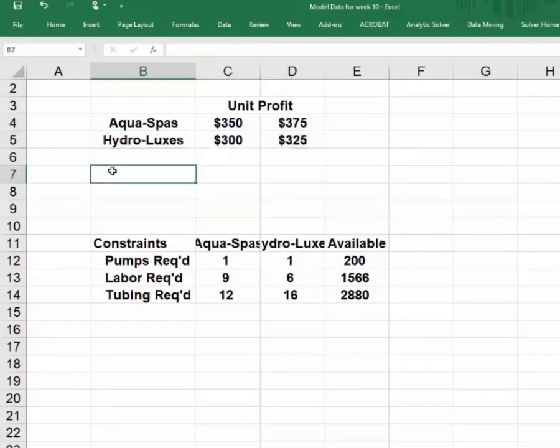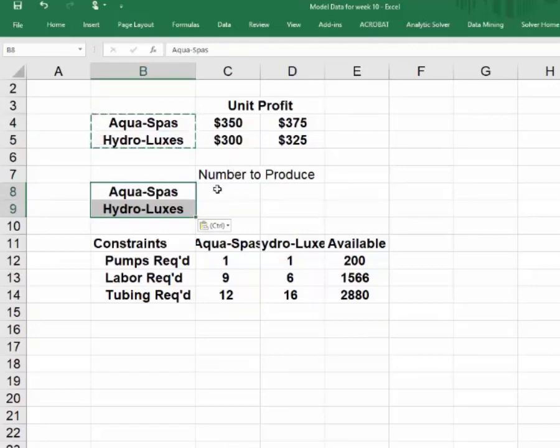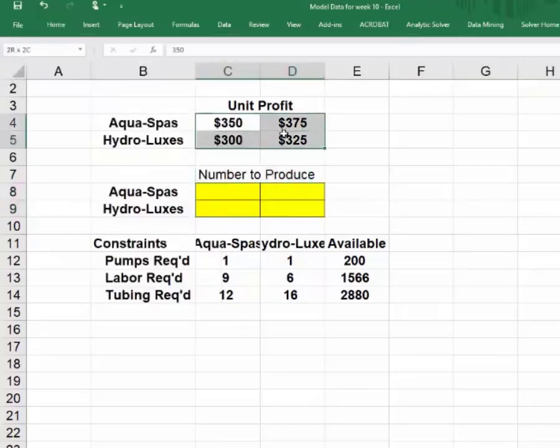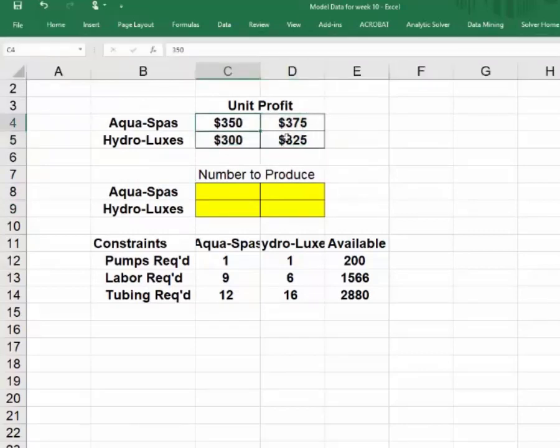And we'll put number to produce. So we'll highlight these 4 cells to represent our 4 decision variables that correspond to the 4 different unit profits we'll have.